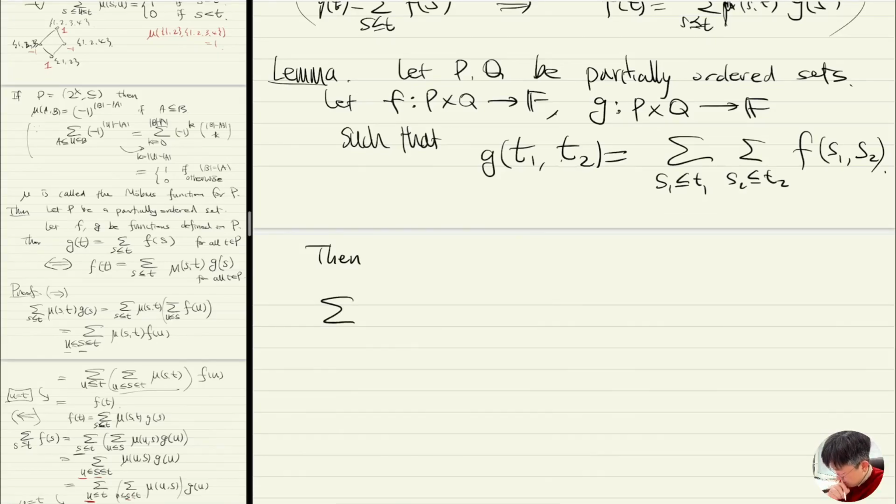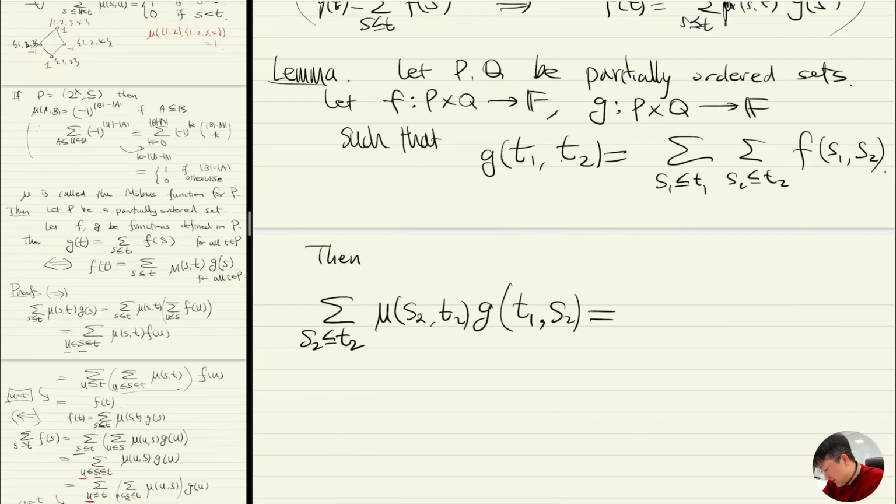overall sum, I just need the correct formulation. So the overall sum over S2 less than or equal to T2 of mu of S2 T2 and G of T1 and S2.